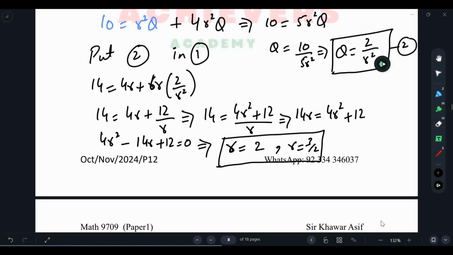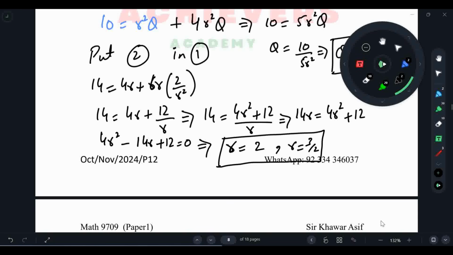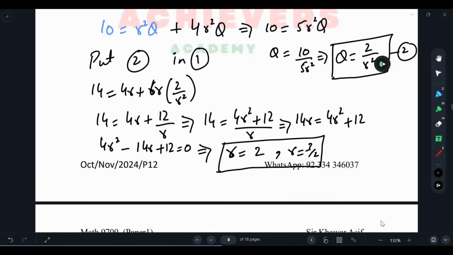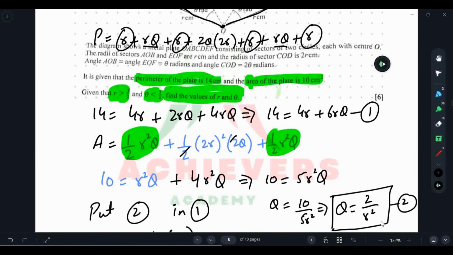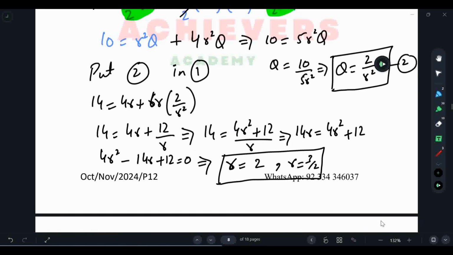Now the first thing is we need to see the condition. The condition is that r should be greater than 3 by 2. So we have to ignore this one, because r cannot be equal to 3 by 2. So r will be equal to 2.